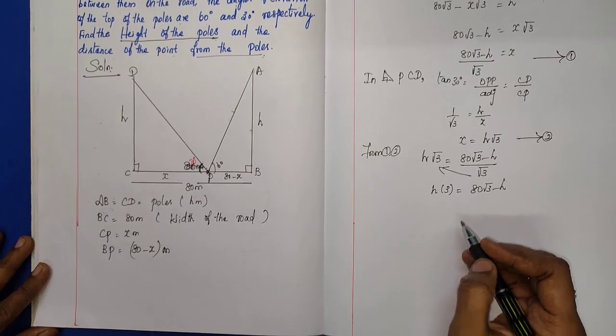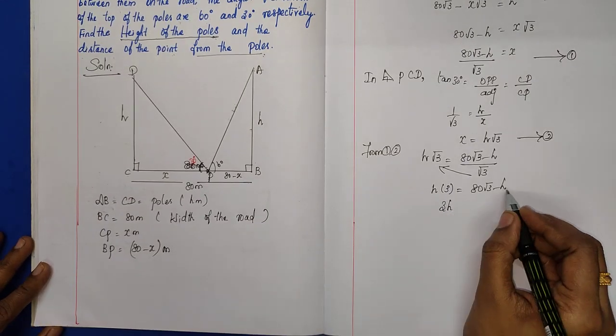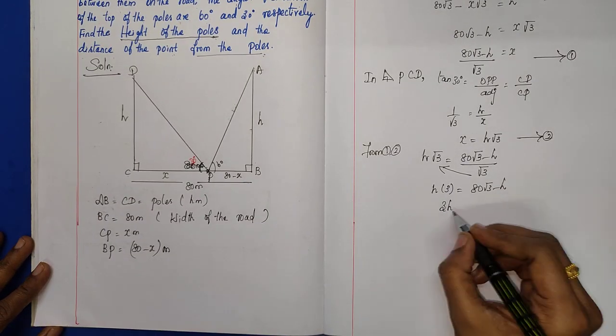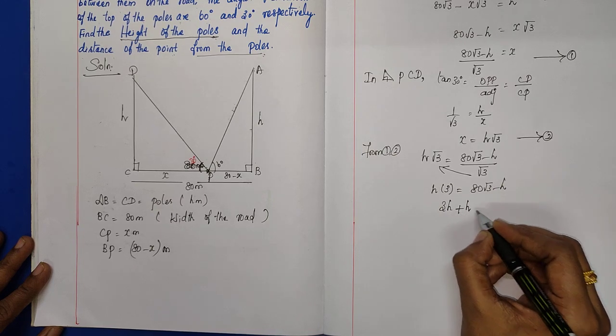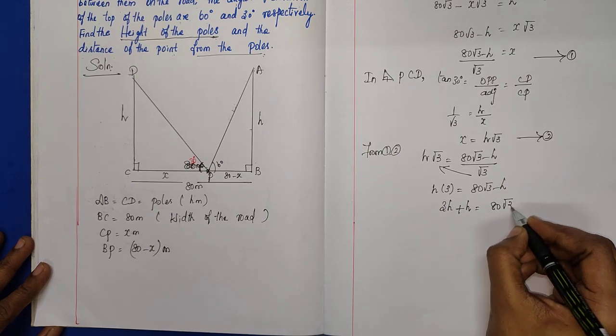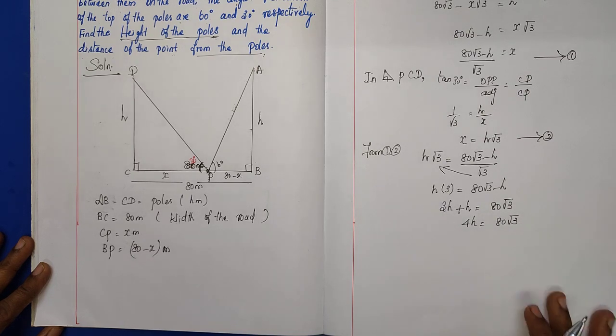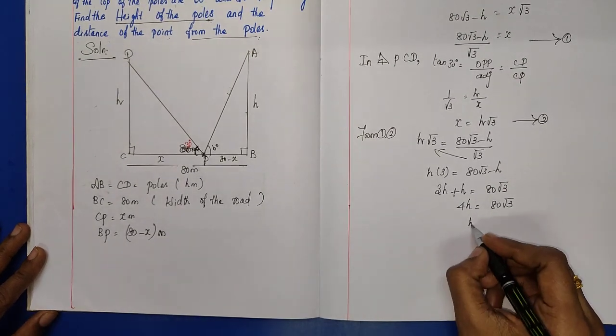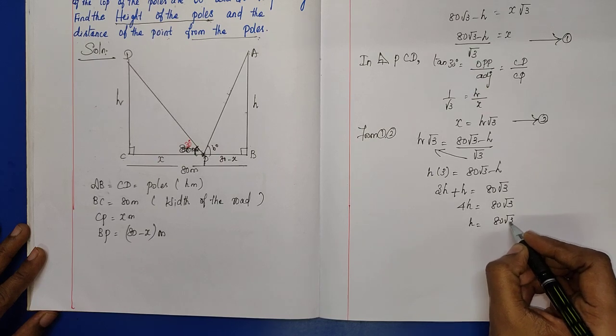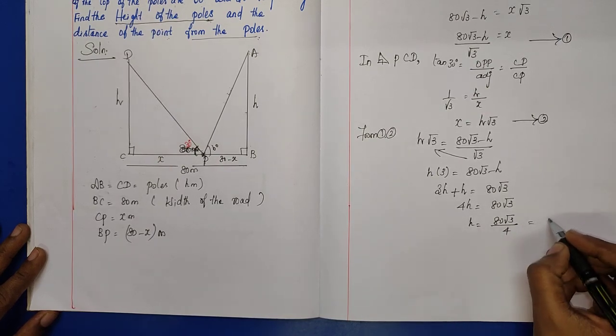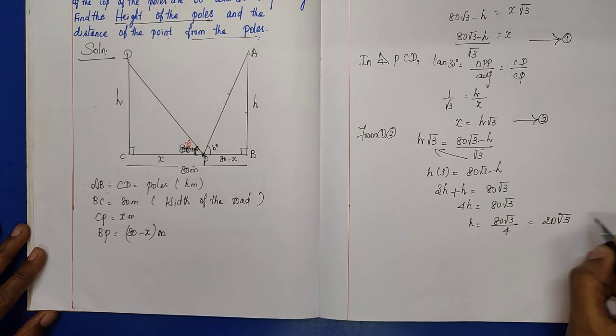It is 3h, and this minus h also brings to left hand side, plus h, 80 root 3. 4h is equal to 80 root 3. h is equal to 80 root 3 by 4. It is 20 root 3.